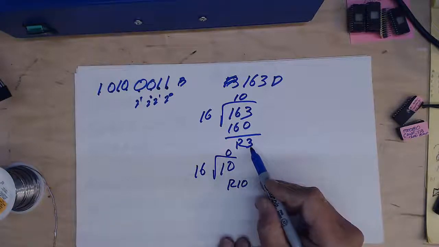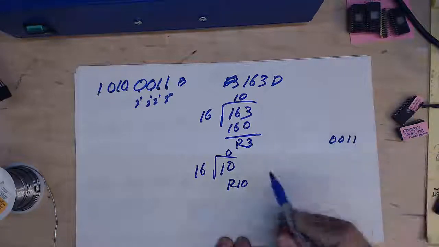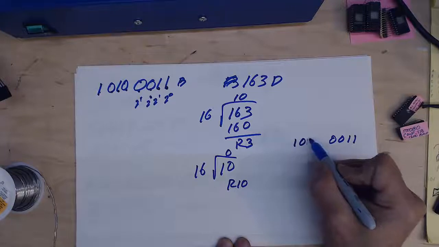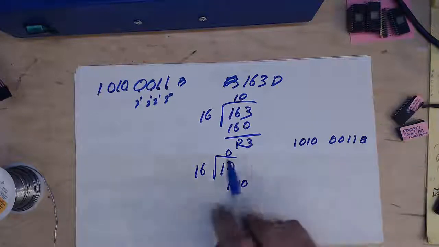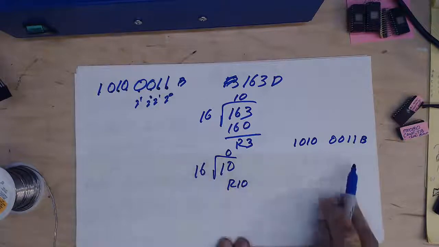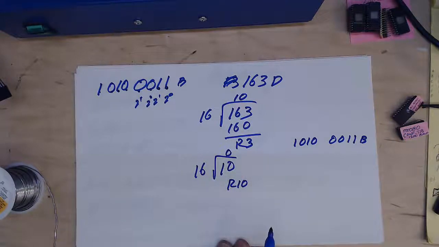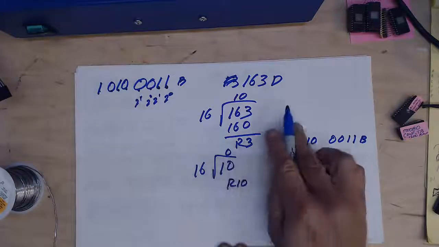So the least significant nibble is going to be 3, which is 0, 0, 1, 1, and our most significant nibble is going to be 10, which is 1, 0, 1, 0. So in binary this is 1, 0, 1, 0, 0, 0, 1, 1, the value that we got back from doing our long division. So that's our binary value represented in decimal.